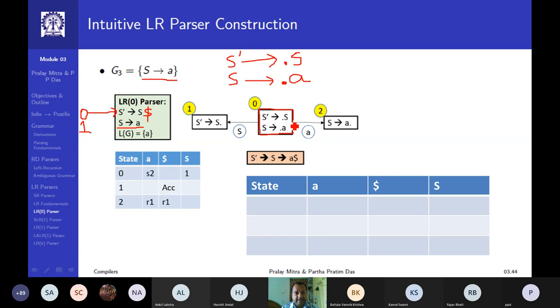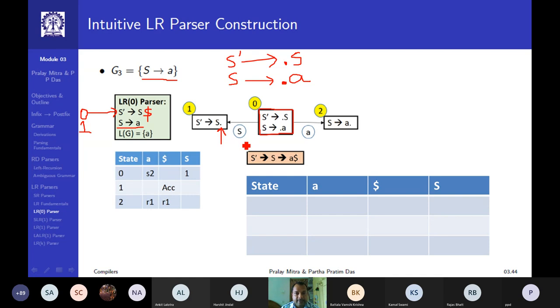If I see S, then I will go from 0th state to state 1. If I see terminal A, then I will move from 0 to state 2. Since I have seen S, when I move from state 0 to state 1, the dot will move from the left hand side of S to the right hand side of S. That you probably noted here. So this dot you can locate.